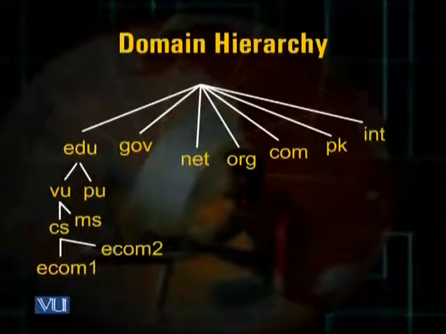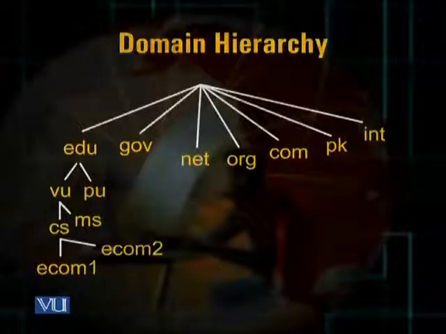So in this hierarchical fashion, in this node and branch fashion, the domain names are designed and they become functional. Here I should point out to you the popular top level domains.